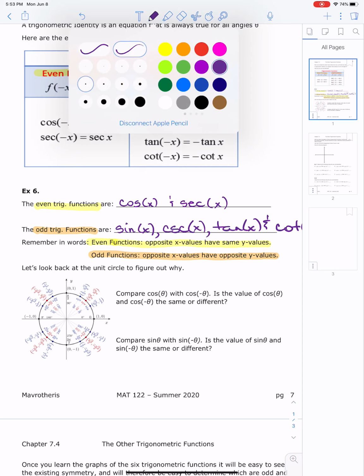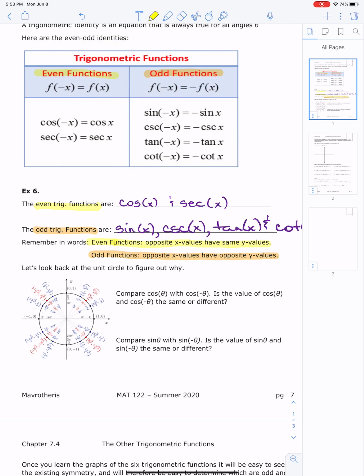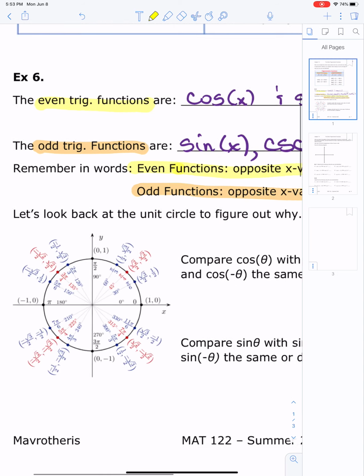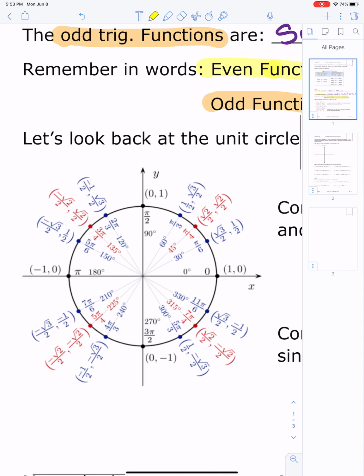Okay, so let's take a look at our circle here. We want to compare the cosine of theta with the cosine of negative theta. So we're just kind of showing this even and odd part. Let me blow this up for you. So here's my cosine of 30.